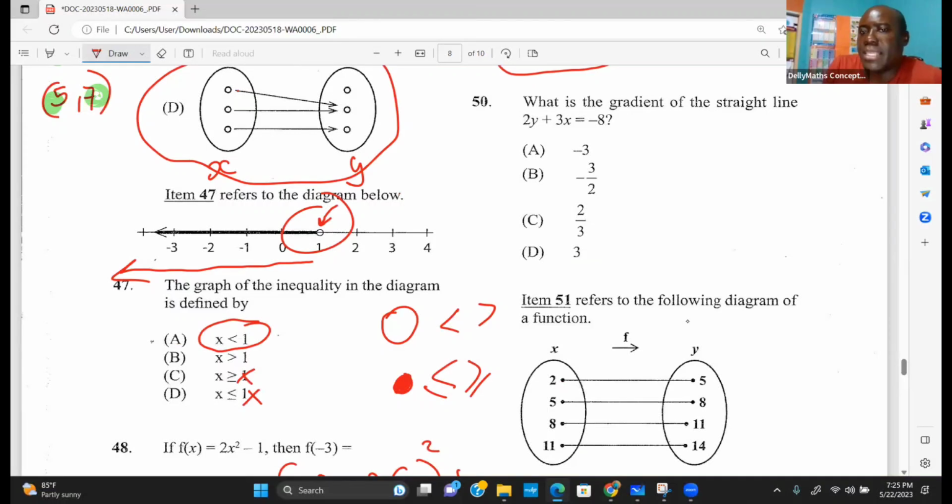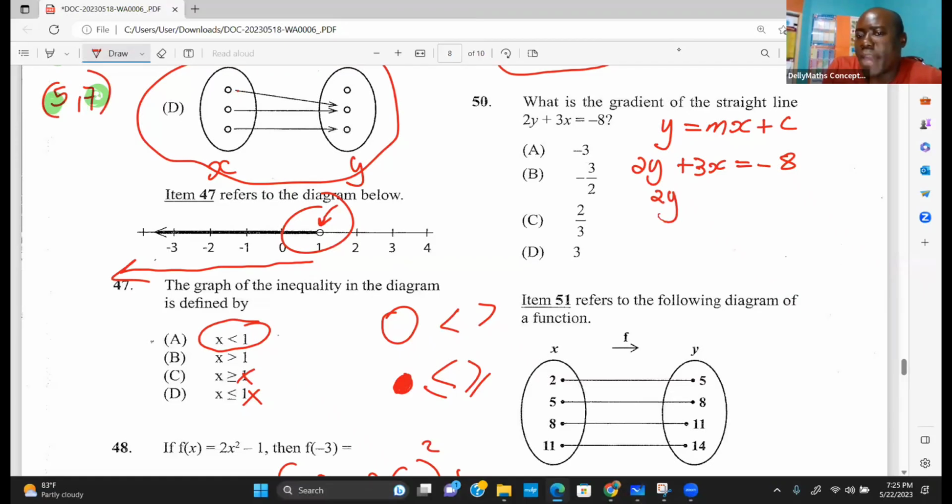All right, but anyways, for this one, in order to tell the gradient, when you want to tell mx plus c, put it in this format. So we're going to take 2y plus 3x minus 8 and set it up. I'm going to push down my 8 a little bit.